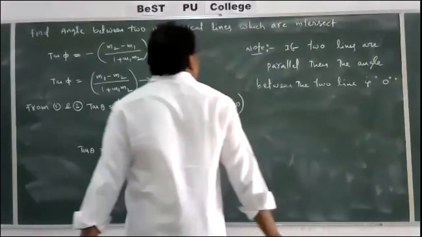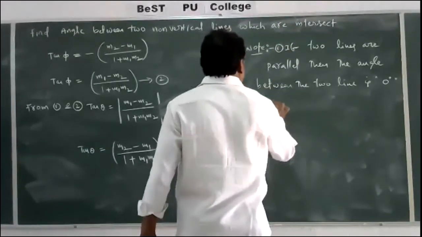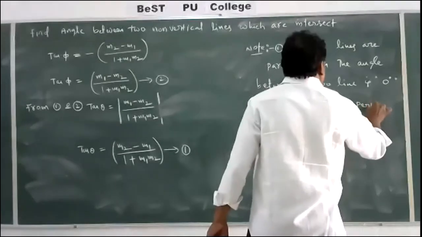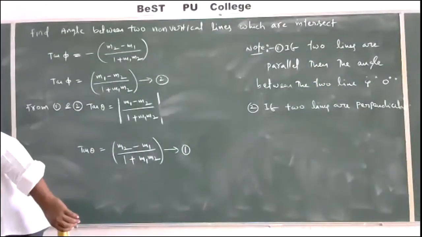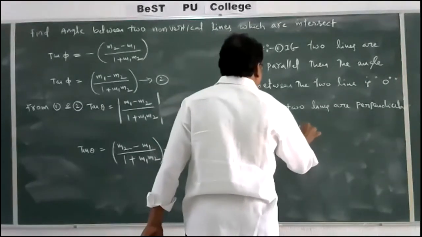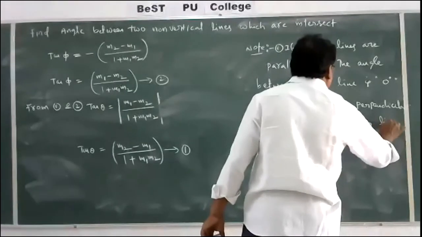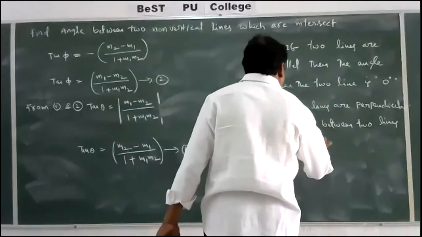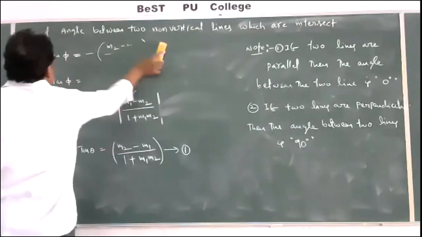Second point: if two lines are perpendicular, then the angle between the two lines is 90 degrees.